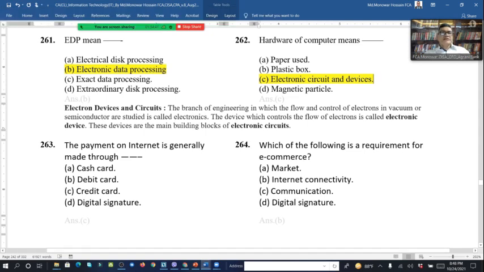Electronic devices and circuits are the branch of engineering in which the flow and control of electrons in vacuum or semiconductor are studied, called electronics. The device which controls the flow of electrons is called an electronic device. These devices are the main building blocks of electronic circuits.